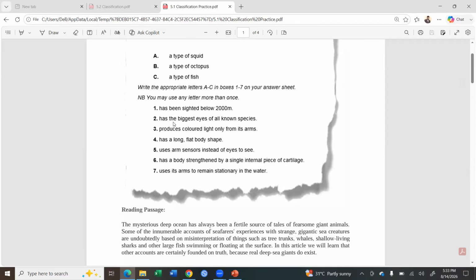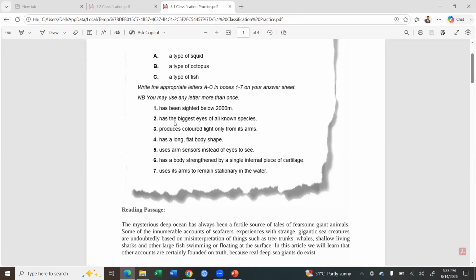Excuse me, what do you want to say? What is the keyword in this question? Sighted below or 2000 meter? Both of them are keywords, sighted below, 2000 meters. You can take as many keywords from the question as you like.